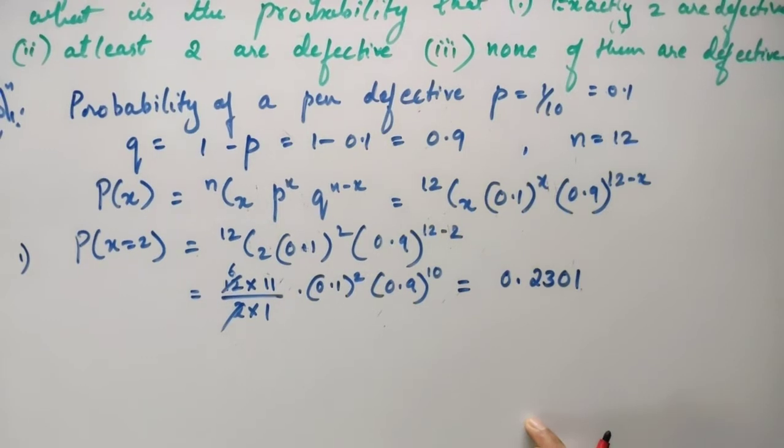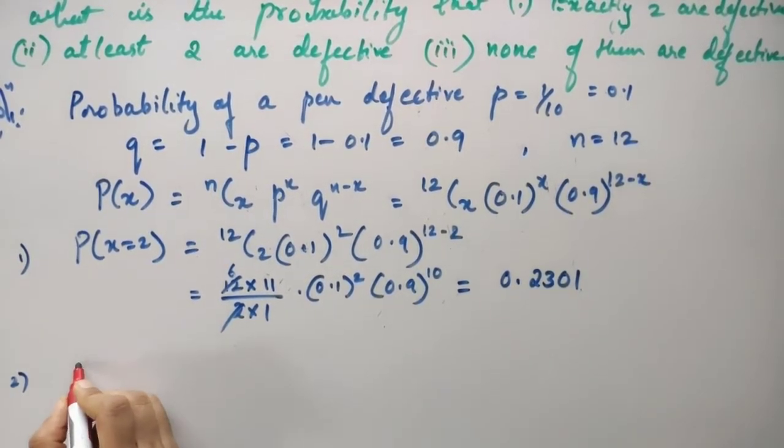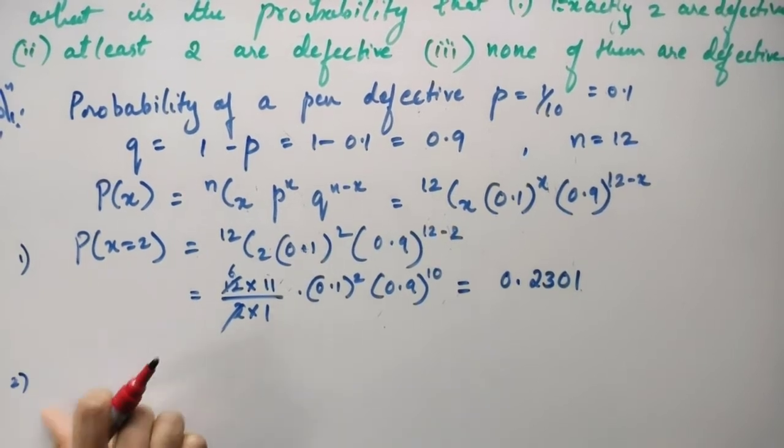Next is the probability of at least 2 defective. At least 2 defective means 2 or more than 2 of them are defective. It's a large expression, so instead we can go for another approach.